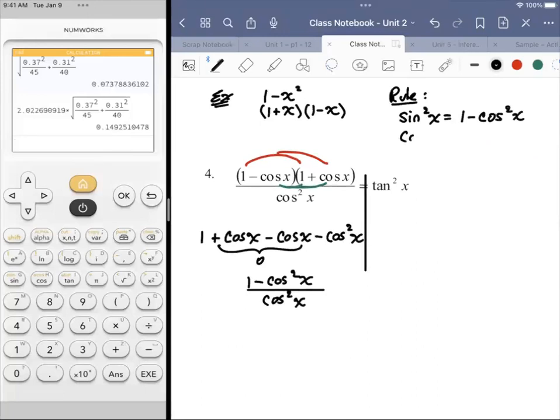Also, cosine squared x is 1 minus sine squared x. The first one is the one that I can apply here. I can replace the 1 minus cosine squared x with a sine squared x.